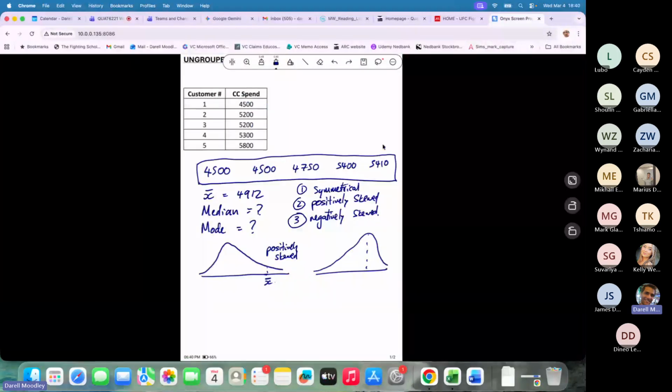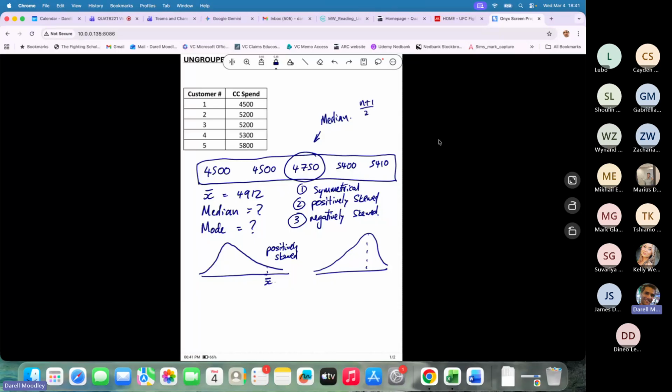Okay, let's just check where everyone is on this. So I worked out the mean. Does everyone understand that the median is this value? This is your middle value. We can see the position is n plus 1 over 2.